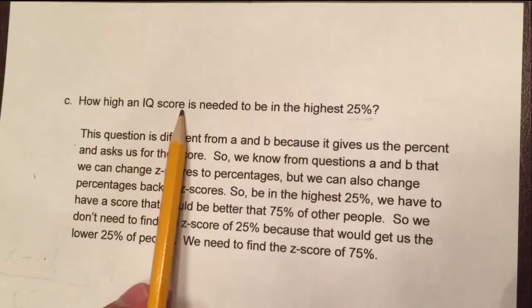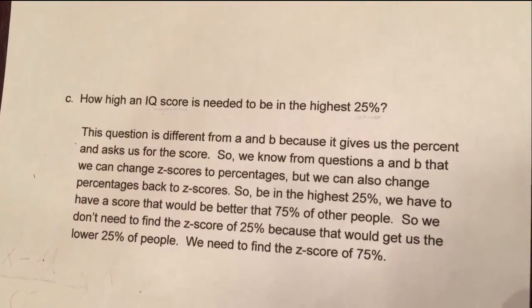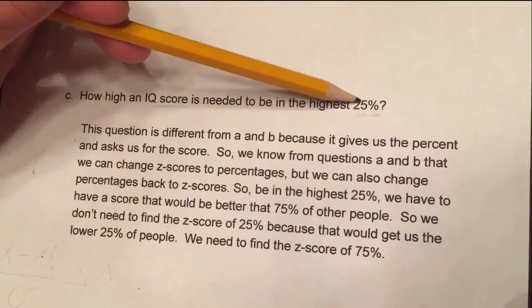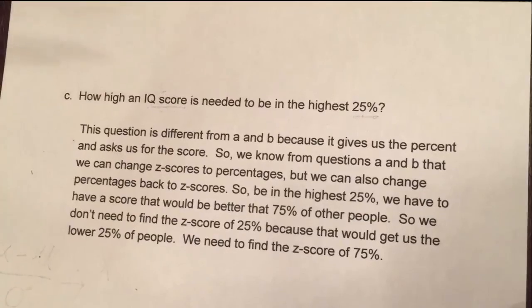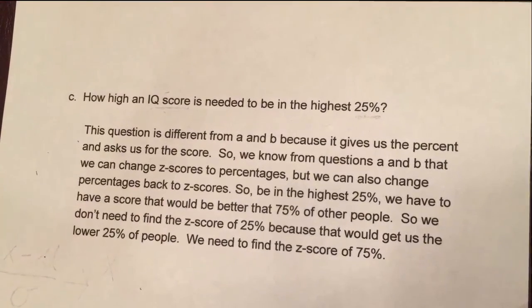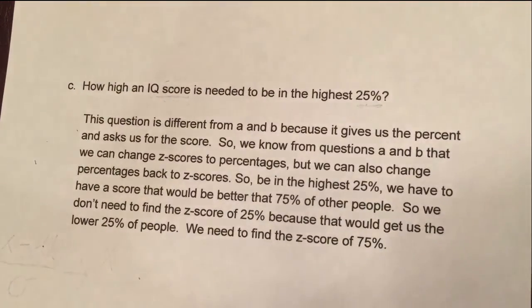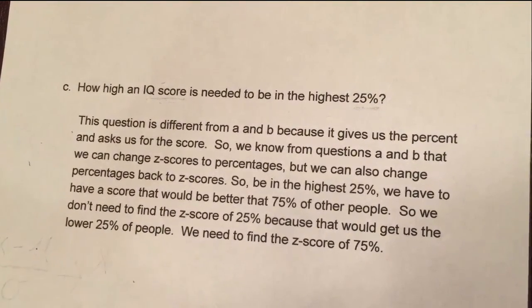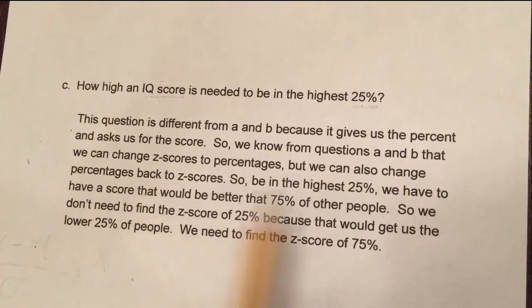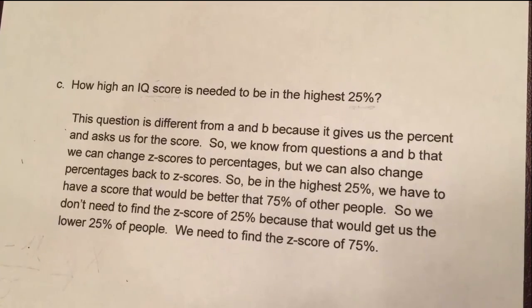So it asks us for a score, which is basically our x value. So it gives us our z value, and is asking us for our x value. So from A and B, we learned that we can change percents into our z-score values, or in essence, our z-score values into percents. But now, in this problem, we have to change our percent back into a z-score value, so we can plug it into our formula.